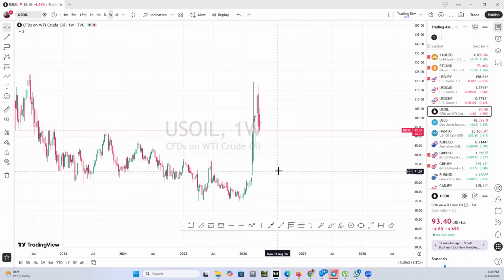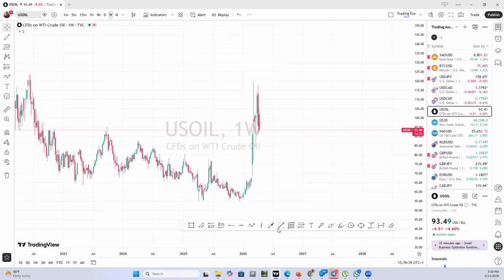So what is the market direction now? On weekly time frame, as you can see, market is doing downtrend movement till market reaches here.